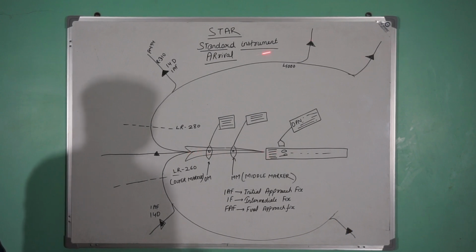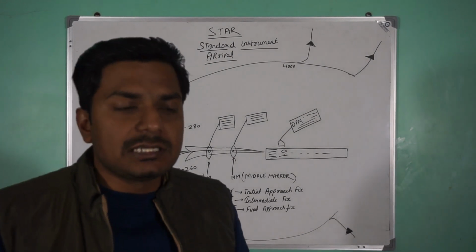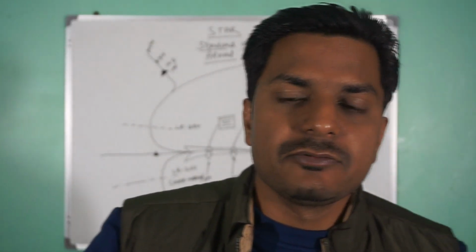So you can see there are multiple entry areas. Here also there are areas I have not drawn properly, so a few entry points can be there too. Basically, when the approach is started, there are 3 points. One is the initial approach fix, from where you don't have to take instruction from ATC.